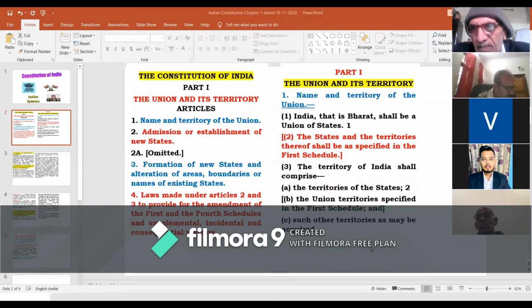Here it is mentioned that states and territories thereof shall be as specified in the first schedule. If there is incorrect description, if there is incorrect specification in the first schedule, then that specification will be constitutional specification. So we have to be very, very careful in giving specifications of the states and their territories.